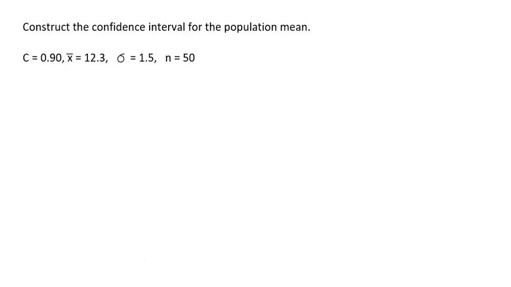Construct the confidence interval for the population mean. Your confidence level is going to be 0.90 or 90%. X bar is 12.3, sigma is 1.5, and n is 50. So let's list out the formula for the margin of error.